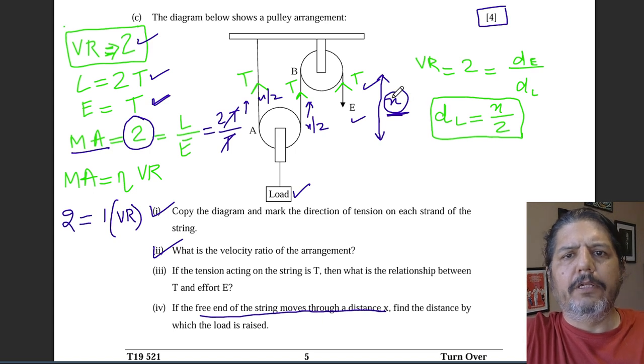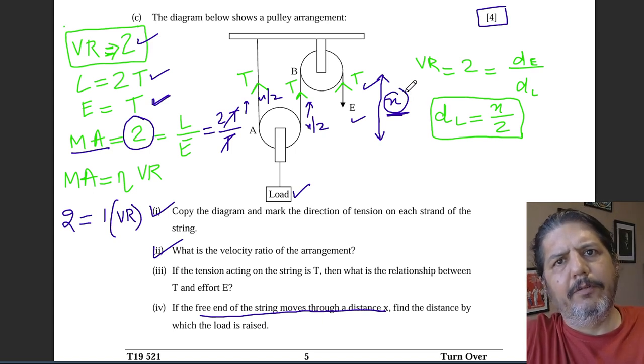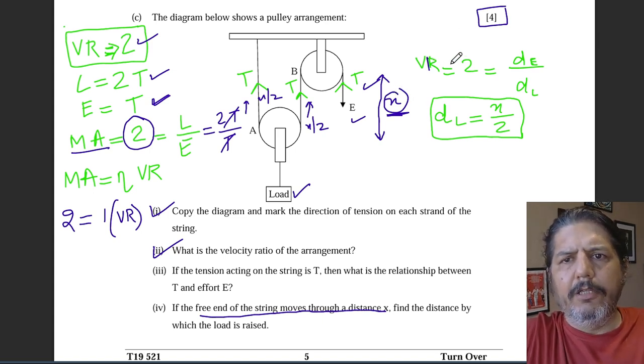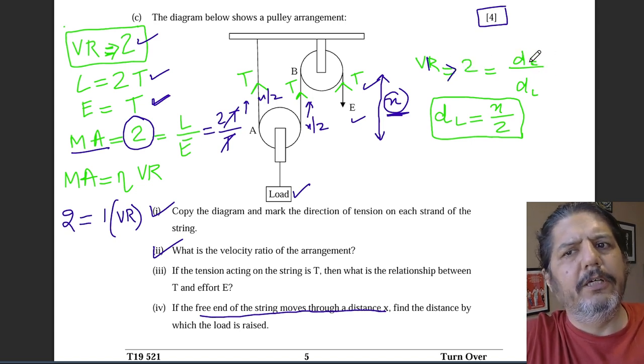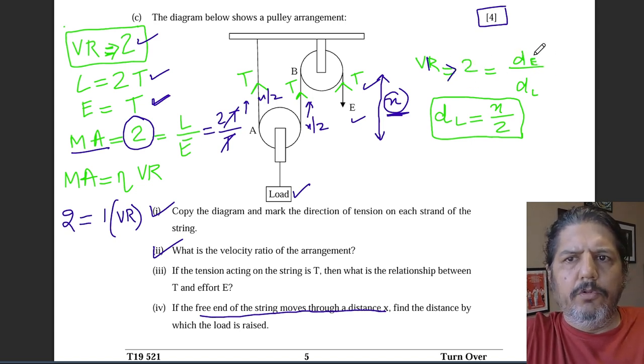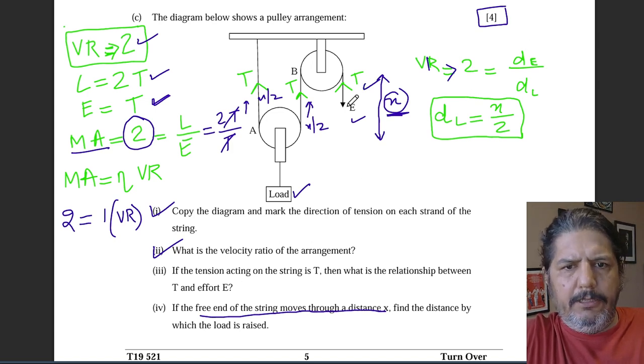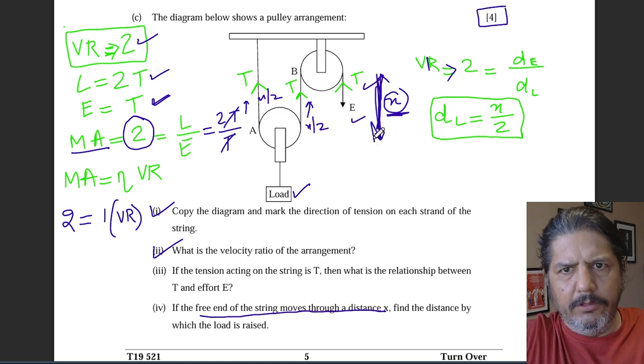But we can also derive it mathematically. We have already found the velocity ratio to be 2, and velocity ratio we know is dE by dL. I've been given that the free end of the string moves through a distance x. This has moved down by a distance x.